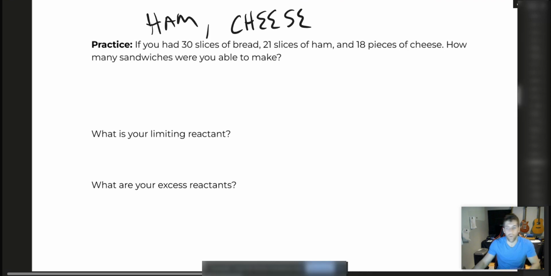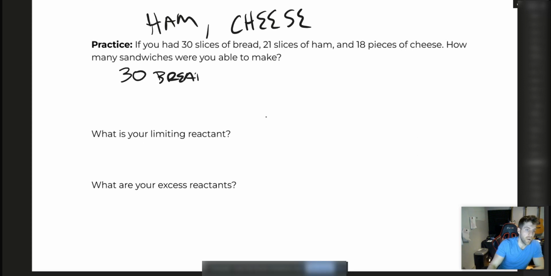Now we're going to do one more practice. If you had 30 slices of bread, 21 slices of ham, and 18 pieces of cheese, how many sandwiches were you able to make? Let's look at this. 30 bread. Well, 30 divided by 2, because we need 2, so that's 15 sandwiches.